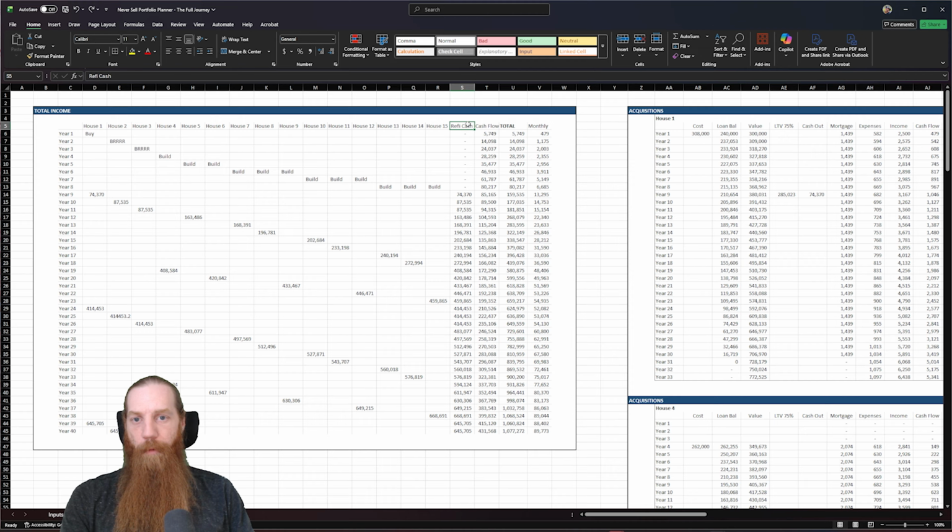Now down here at the end, we're going to have cash out from refis. Okay, this is your refinancing cash out. This is your cash flow. Okay, this is an annual cash flow. So taking the monthly cash flow multiplied by 12 gives you this number, right? And then your total is going to be the refi amount plus your annual cash flow.